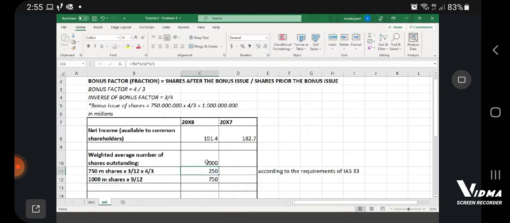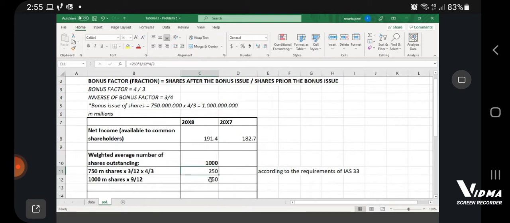Now, some of you may think that we really had the long road to make all these calculations, and we find out that the weighted average is 1,000 million, or 1 billion, the same as after the bonus issue. So if IAS 33 requires us to consider the bonus issue since the earliest period presented, and in 2018 that means since the 1st of January, it is simply 1 billion.